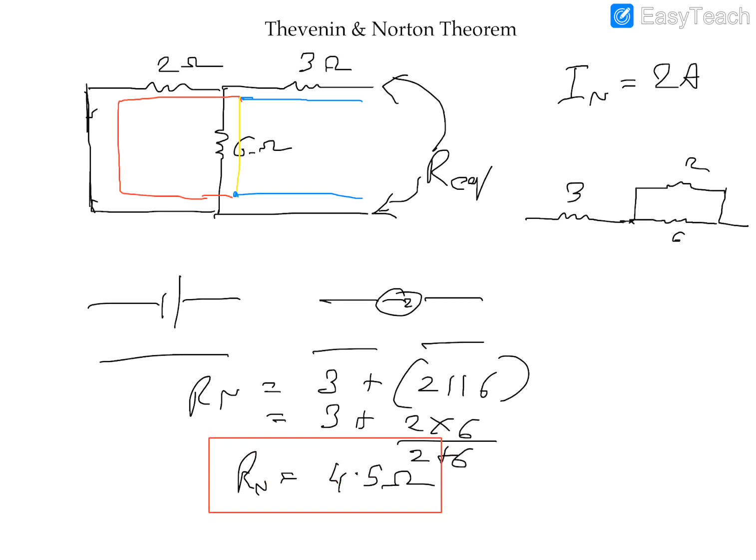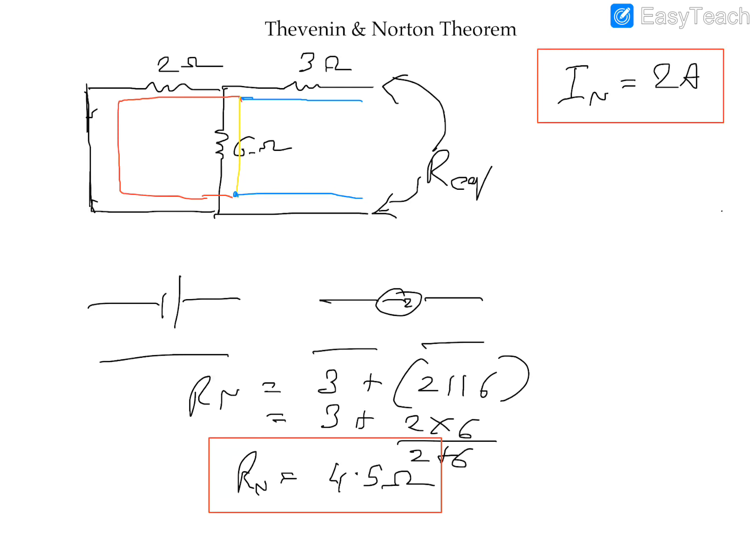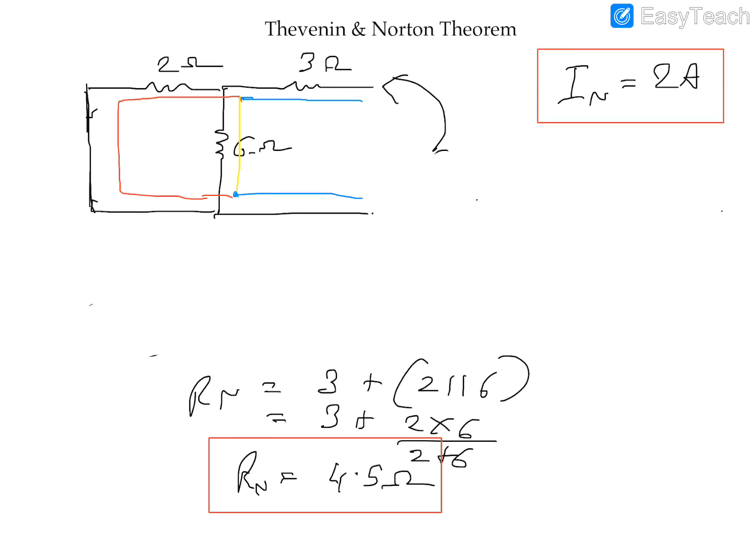So that is your Norton's equivalent resistance. So I have my Norton's current, I have my Norton's equivalent resistance. Let me go ahead and erase this. Using these two, I can finally construct my Norton circuit, which is going to have a current and a resistance.